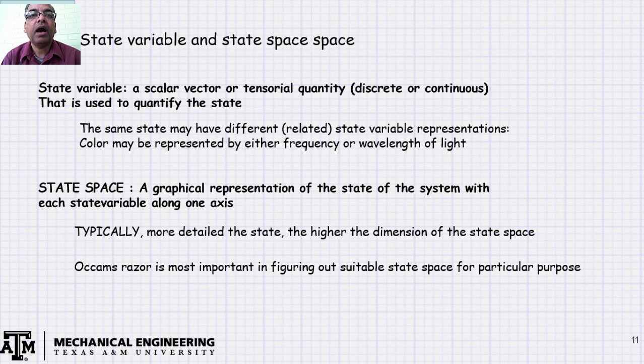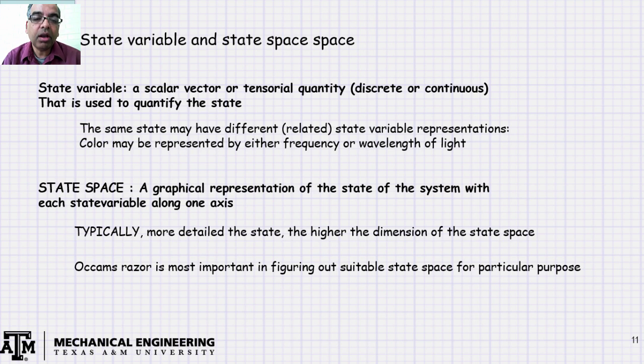So if you have Avogadro number of particles, 6.023 times 10 to the 23, your state space will have dimensions 6.023 times 10 to the 23 times 6, because each particle has 6 attributes, 3 position, 3 velocity. You can see the more detailed, the price you pay is dimensionality. And this is bad news, because high dimensions create lots of problems.